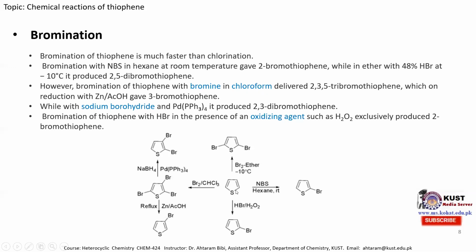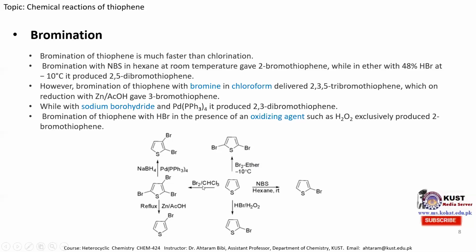This is thiophene. When thiophene is treated with N-bromosuccinimide in n-hexane at room temperature, we obtain a single halogenated thiophene molecule, and the bromine is substituted at its alpha position, so we obtain the 2-bromothiophene molecule. And when we add bromine in the presence of ether solvent at minus 10 degrees centigrade, one can obtain the 2,5-dibromothiophene molecule.